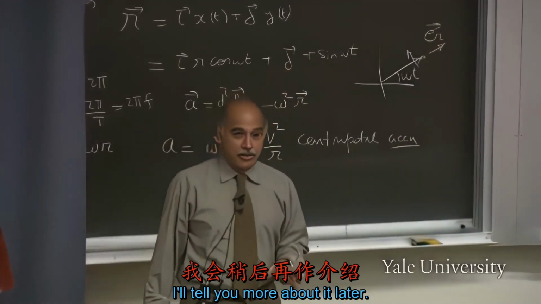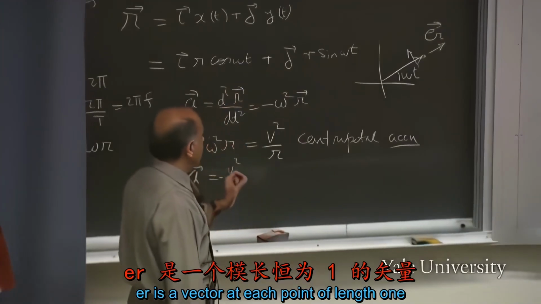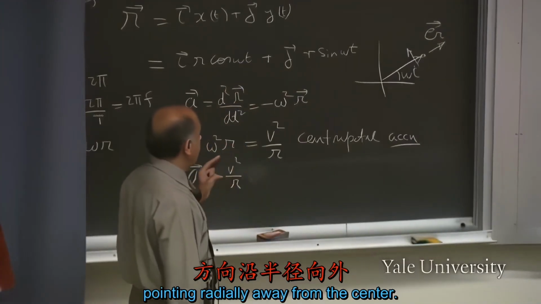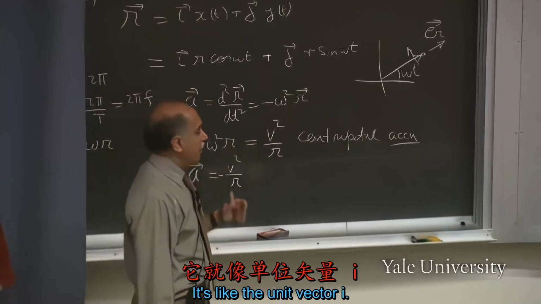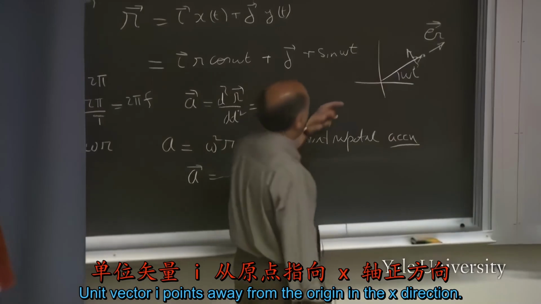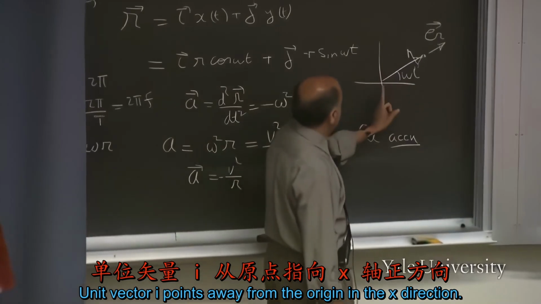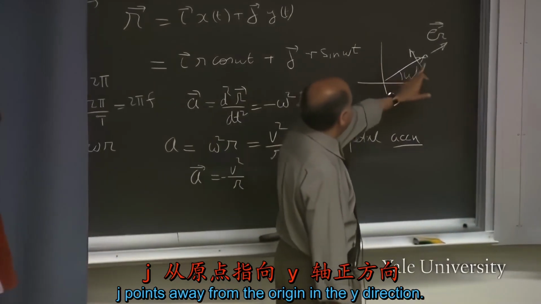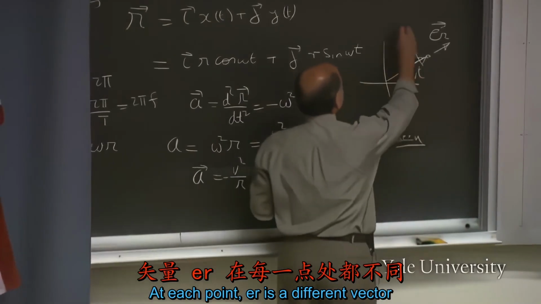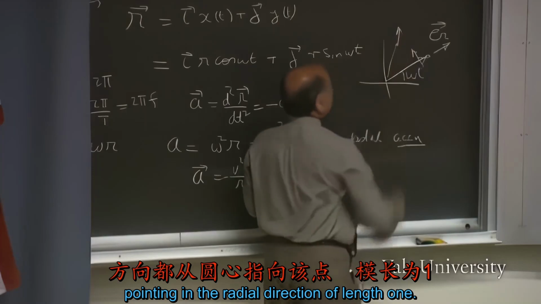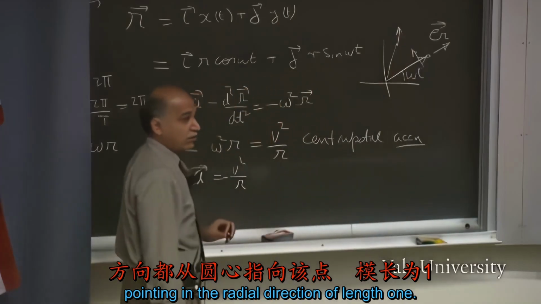I'll tell you more about it later. E sub r is a vector at each point of length 1 pointing radially away from the center. It's like the unit vector i. Unit vector i points away from the origin in the x direction. j points away from the origin in the y direction. E sub r is not a fixed vector. At each point, E sub r is a different vector pointing in the radial direction of length 1.